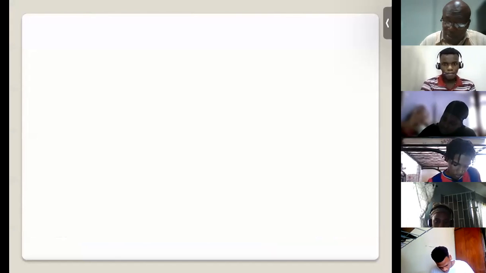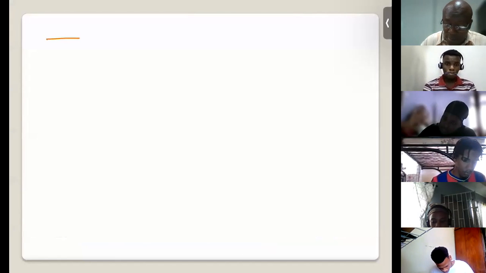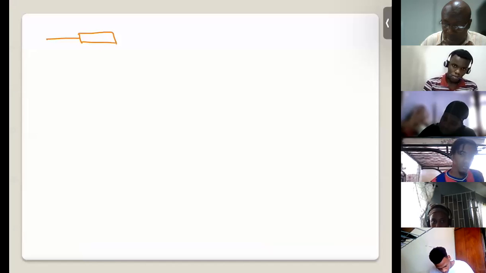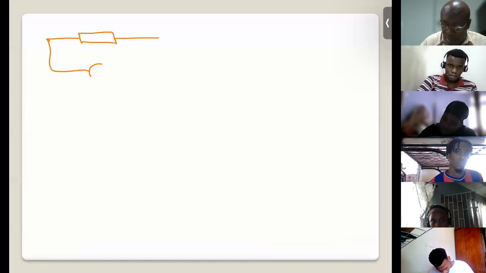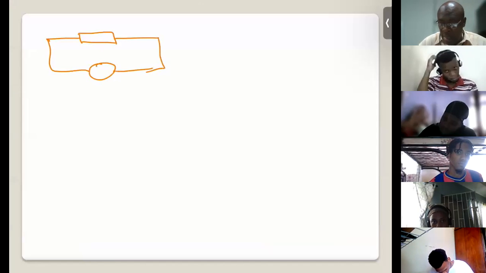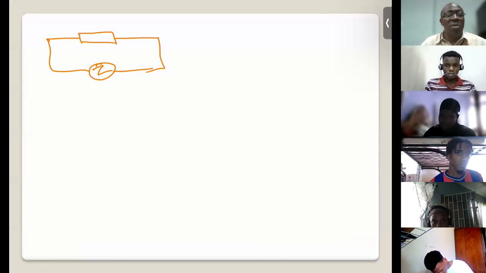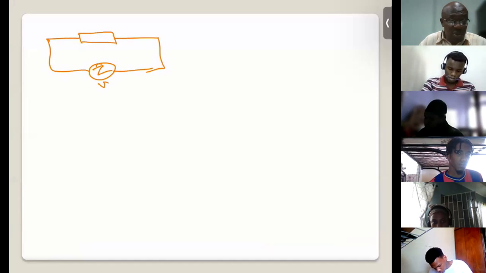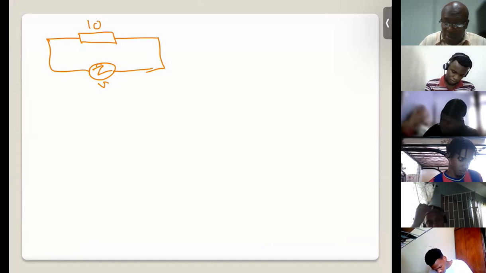All right, so we draw the circuit. And I'm putting in a symbol. Obviously, it's not sinusoidal. We're just showing that it is complex. All right. And we have 10 ohms.